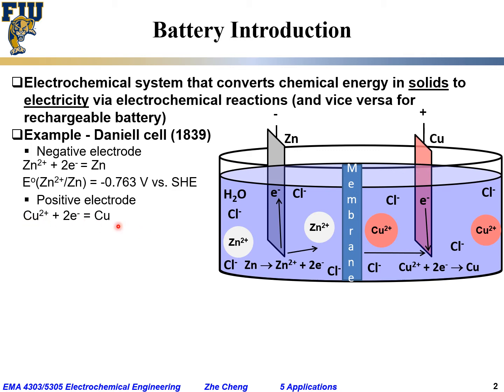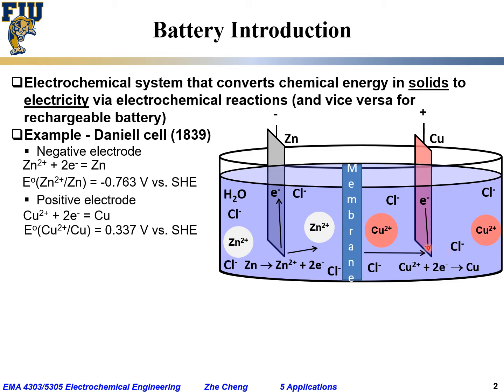Similarly, the standard electrode potential for this copper 2 plus/copper redox pair for this electrode would be 0.337 volt versus again the same SHE, the standard hydrogen electrode. You get these numbers from the standard electrode potential series table.